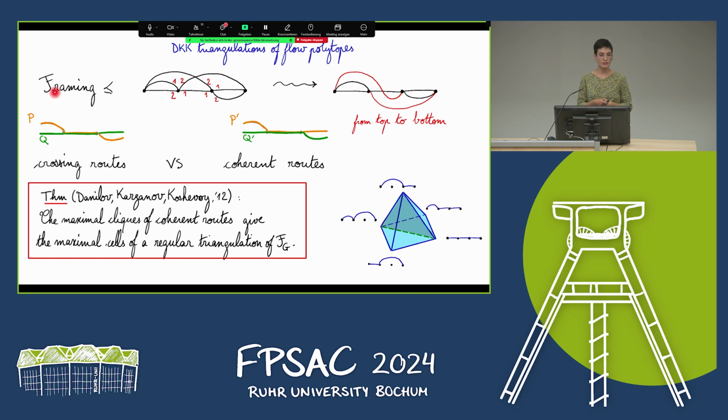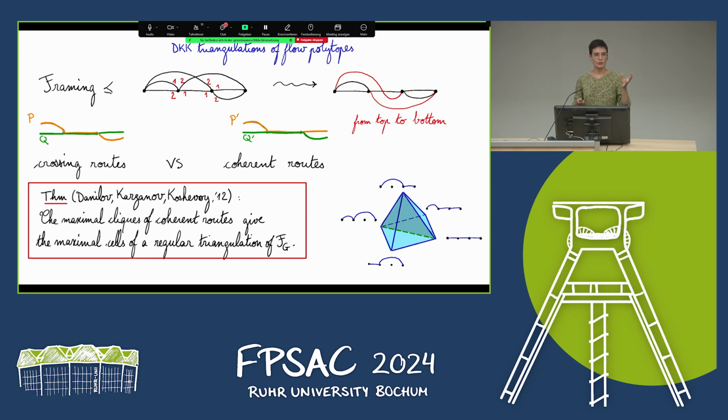So this is an additional structure that we put on our graph, which is, for each inner vertex, we choose an ordering of the ingoing edges and an ordering of the outgoing edges. So in this drawing, I represent these orderings with little numbers. And in this drawing, I changed the drawing of my graph so that I can read the framing by reading the half edges from top to bottom.